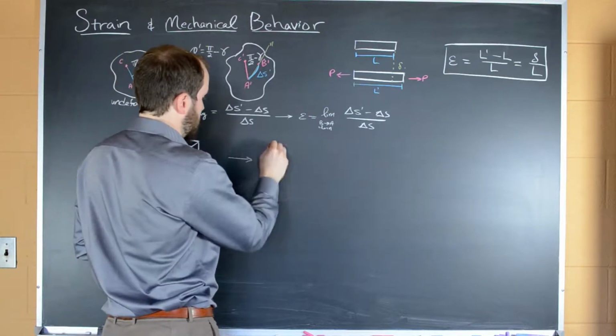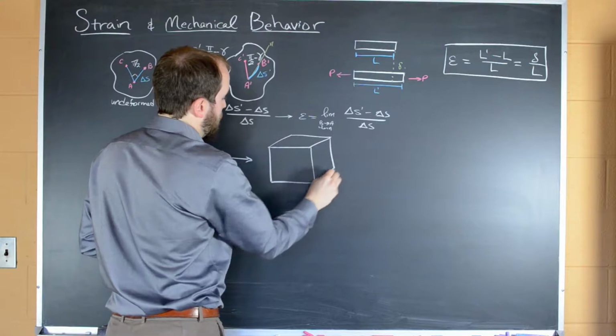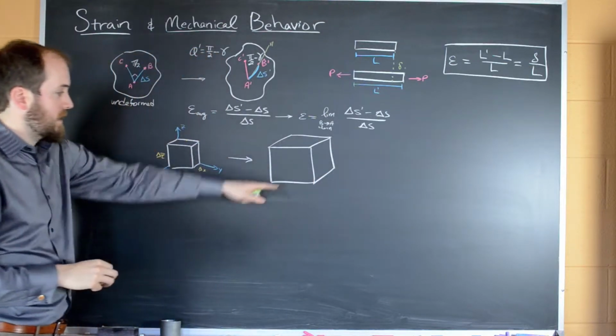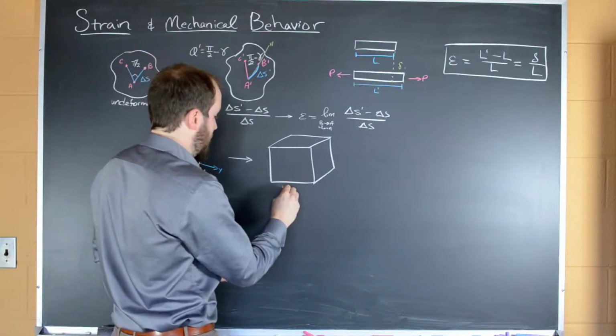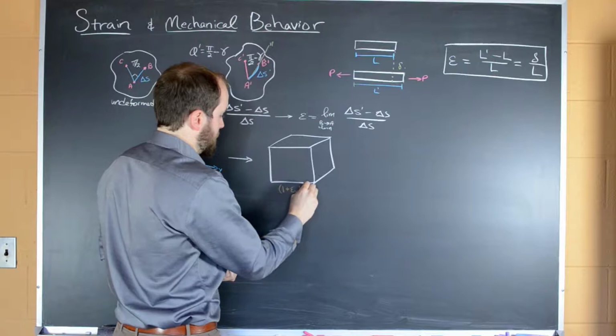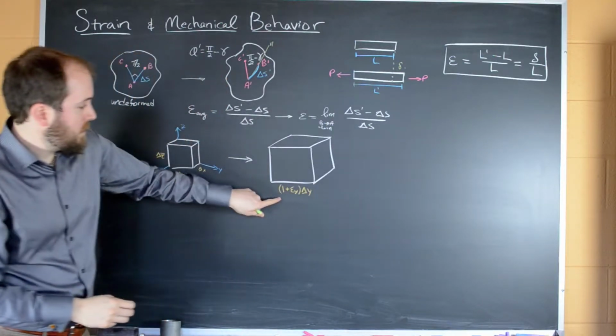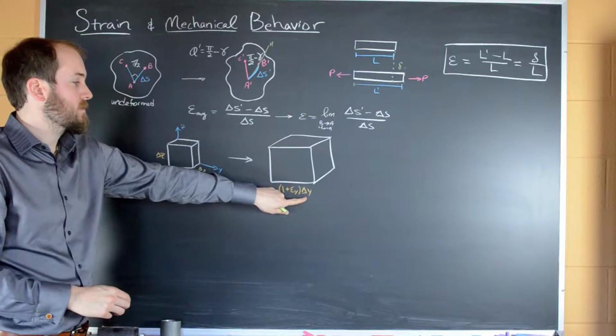And so if we look at a bigger cube, after we've applied some force to it, we can see that the sides of this cube have all gotten longer. And we can write that as, this will be the 1 plus the strain in the y direction times that initial y, right?